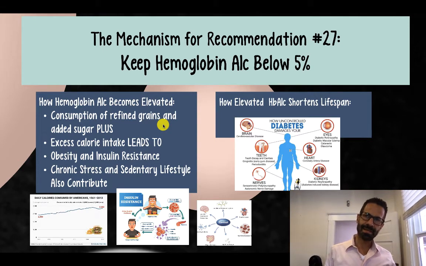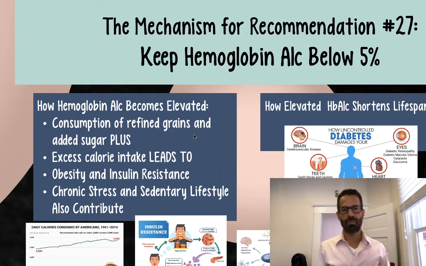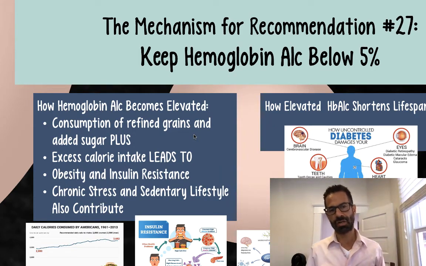Over the past 60 years, something has happened to explain the tenfold increase in diabetes risk in the US. That thing is mostly consumption of refined grains and added sugar. Refined grains are grains that have the bran and the germ removed. They're just the starch.